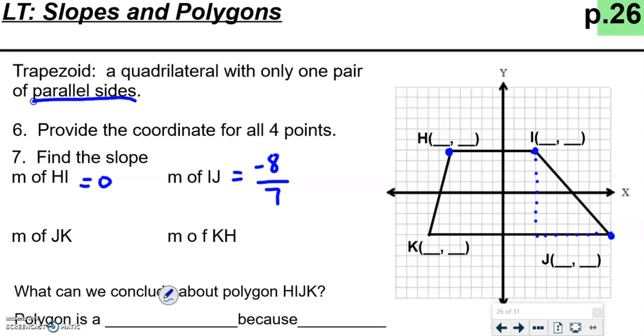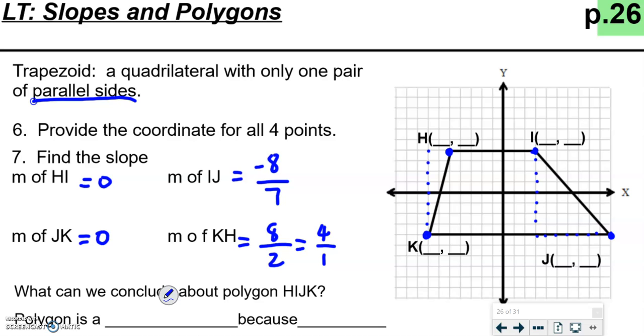And JK, well, you can see that they're not perpendicular. Okay? So this is not a right angle up there. However, JK is 0 because it's a horizontal line, and then KH. So here's K and here's H. Have to rise 1, 2, 3, 4, 5, 6, 7, 8, and run 2. Okay? It can be reduced to 4 over 1.